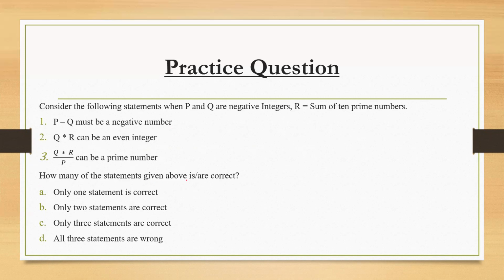How many of these statements given above is are correct? So this is something that we see in the prelims pattern. So there is no reason why this cannot be asked in CSAT also now. So you have to prepare accordingly. So tell me how many statements here are correct. You should exactly know how many statements are correct.